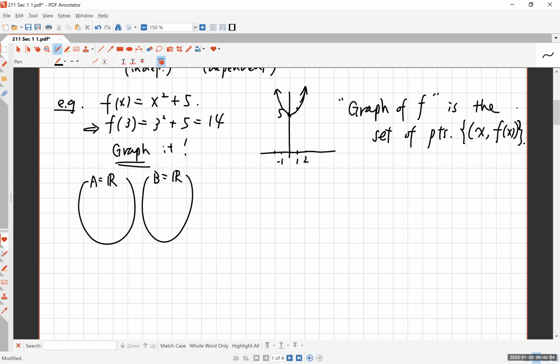This particular function happens to be a function from the reals to the reals, or the set of real numbers to a set of real numbers. So when I plug in 0 here, for instance, you get 5. When I plug in 1, you get 6. And of course, when you put -1, that also gives you the value 6, and so on. When you put 3 for x, then 14, and of course, you can continue.